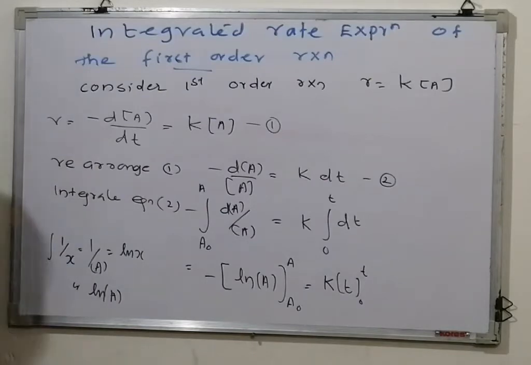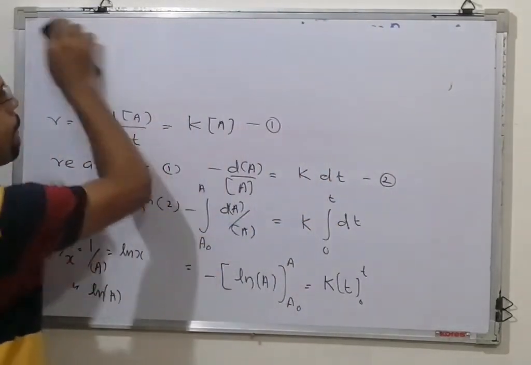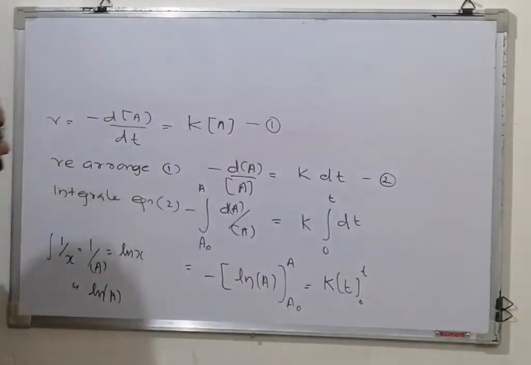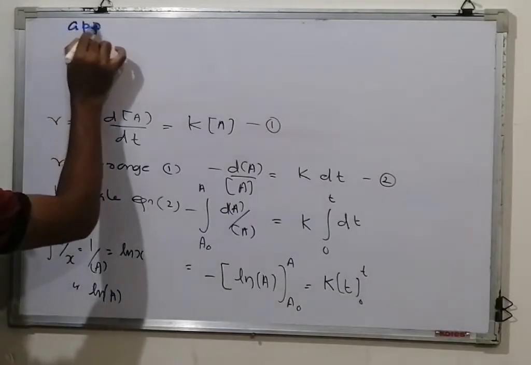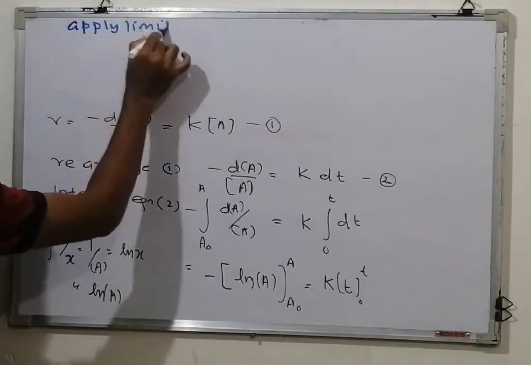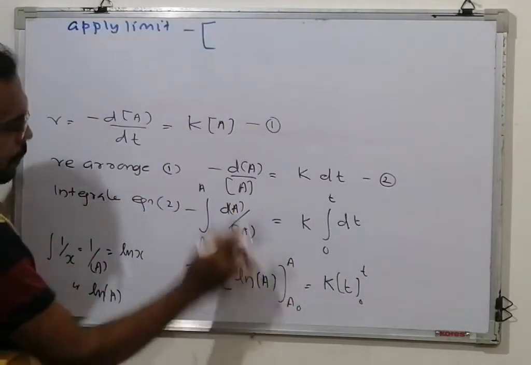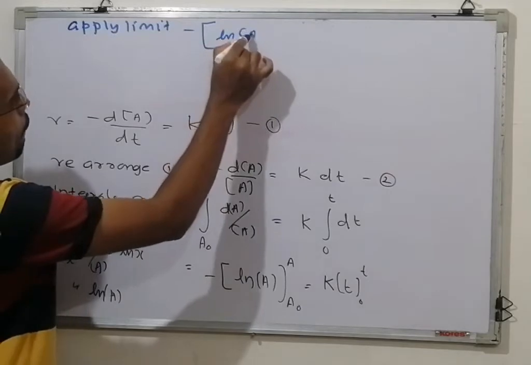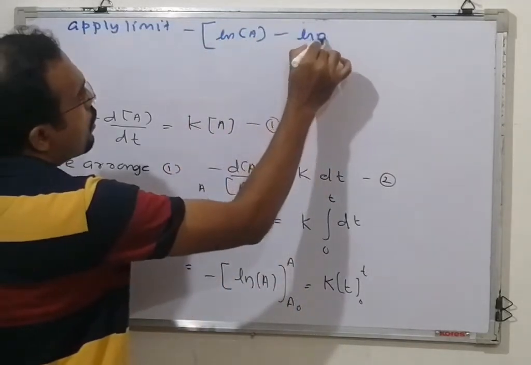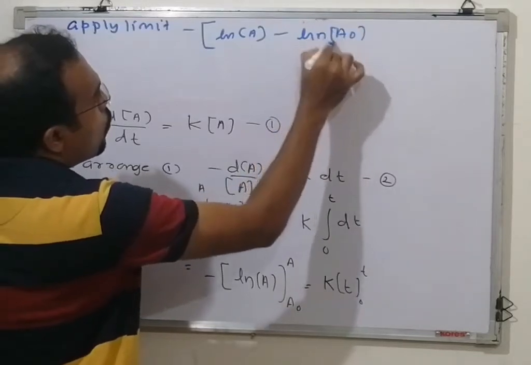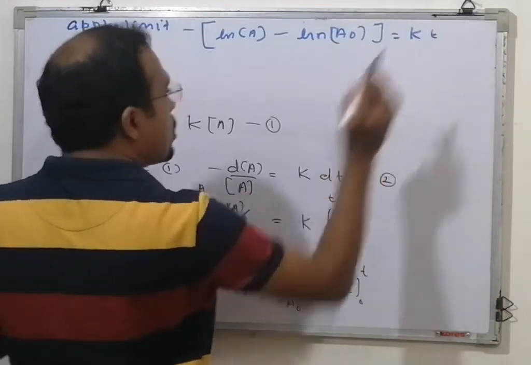Okay. Now apply the limit. Therefore, when you have minus as common, then you apply this: ln a minus ln a0 is equal to kt minus 0, that is okay.